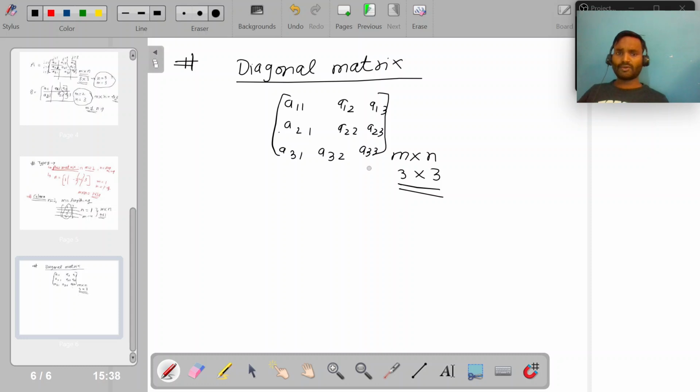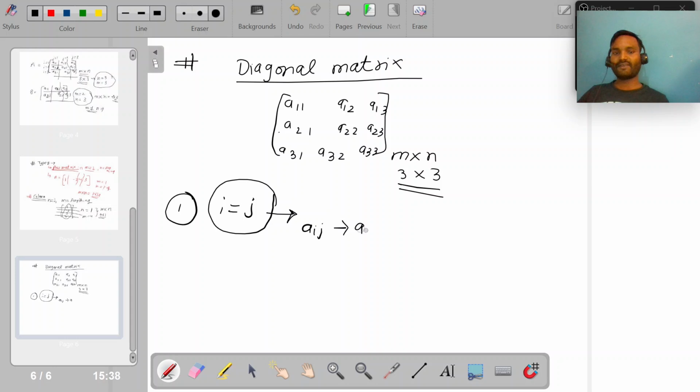Now, the first point: if i is equal to j, these elements are known as diagonal elements, like a_ij. So we can say a11, a22, a33, a44 and so on.